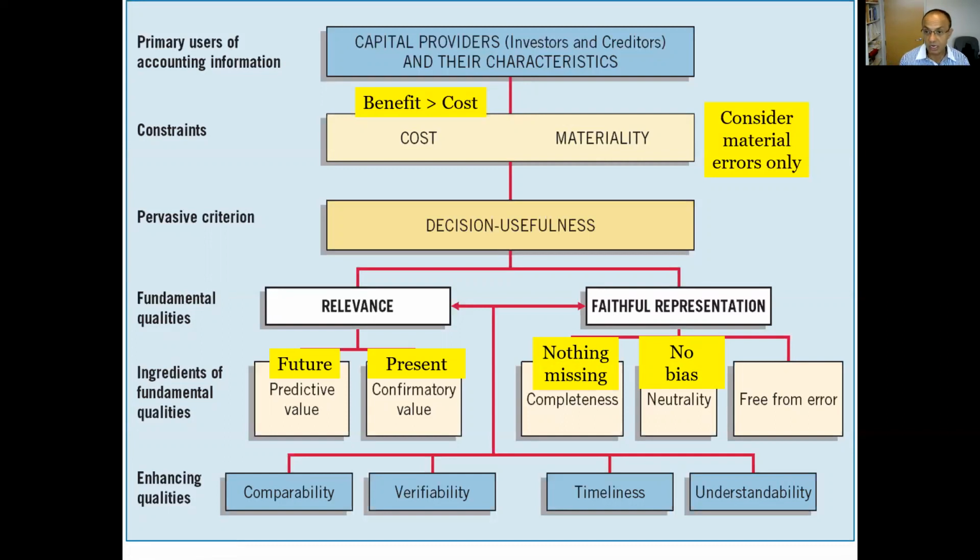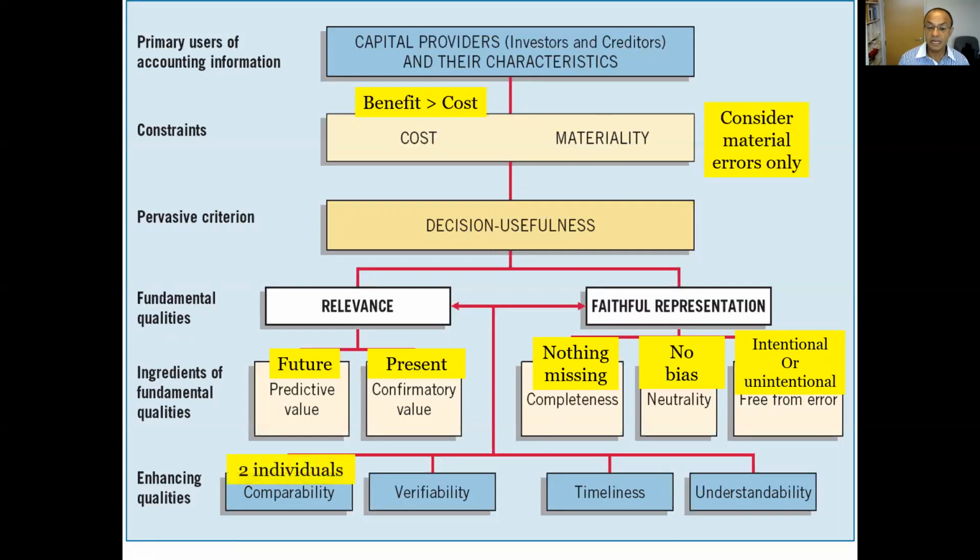It should be one without any bias. Then the financial statement should be free from unintentional errors and fraud. So the financial statement should be free of error. But when we talk about error, what kind of error? It's usually the material error, not immaterial. And if two persons look at the financial statements, they should come up with the same decision, which we call comparability.